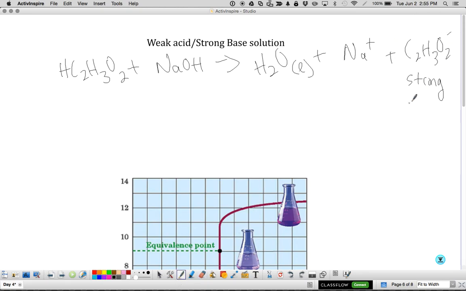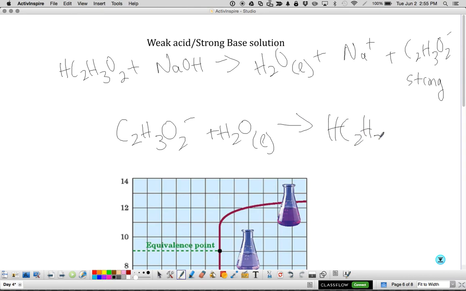So the reason that this is decently strong, or the reason that that matters, is this is in the presence of water. A whole lot of water, right? This all happens in solution. Okay? I generate hydroxide ion. Okay?